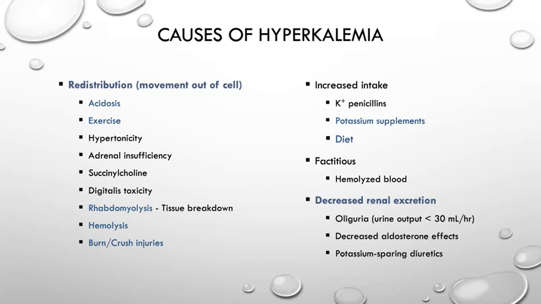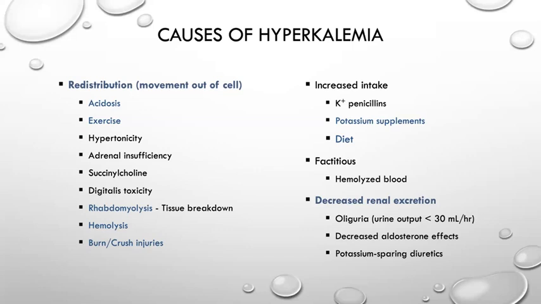Hyperkalemia by increased intake is a rare cause due to the fact that kidneys are so good at increasing potassium excretion to remove the potassium load. Some medications, including over-the-counter supplements, penicillin G, and IV fluids given in the hospital, can contain amounts of potassium that may lead to hyperkalemia over time, most commonly in patients with impaired kidney function.